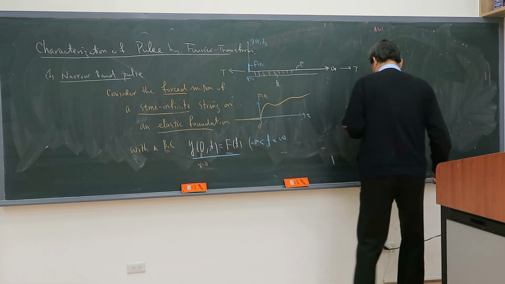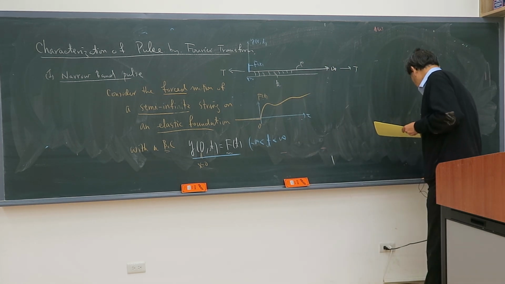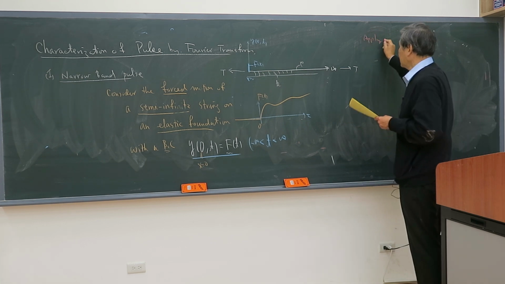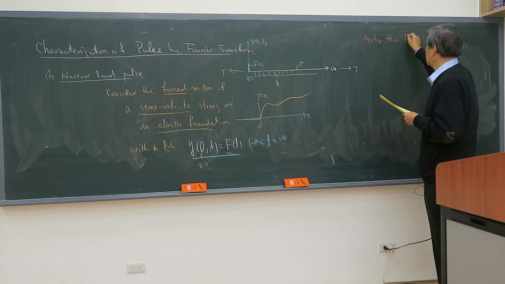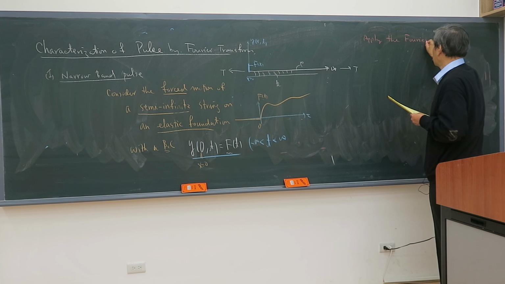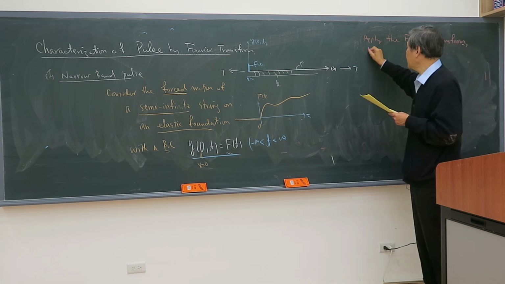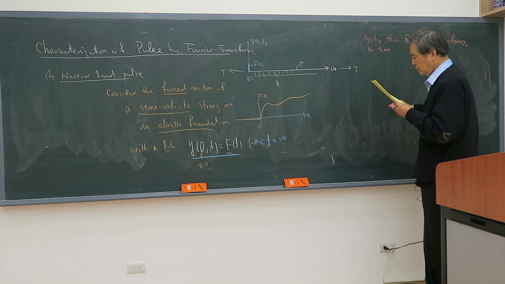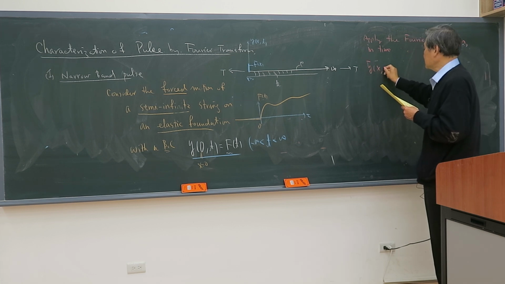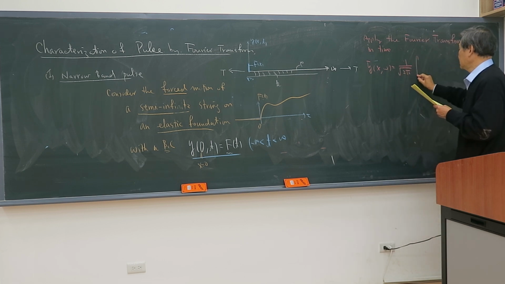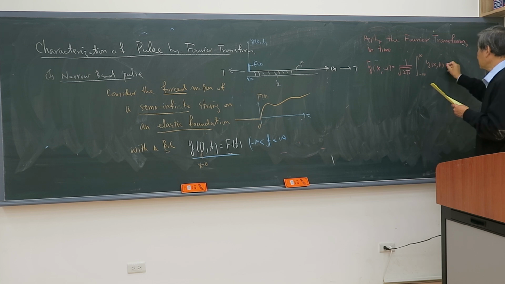Now, all right. Then we apply the Fourier transform in time. y bar(x, omega) equals 1 over square root of 2 pi, integral from minus infinity to infinity of y(x,t) exponential i omega t dt.